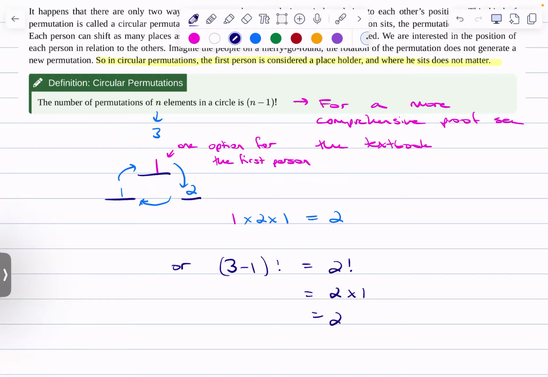You can memorize it, sure. It's n minus 1 factorial, because you force this first person to sit down, and then you have 3 minus 1 left over, and you decrease from there.